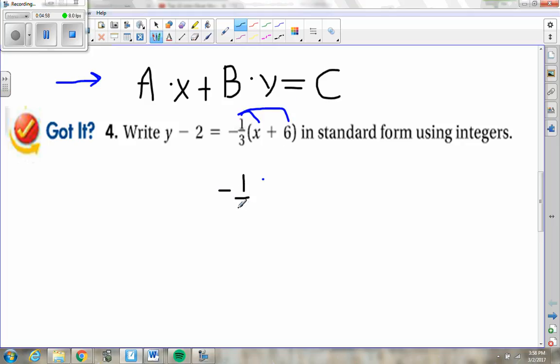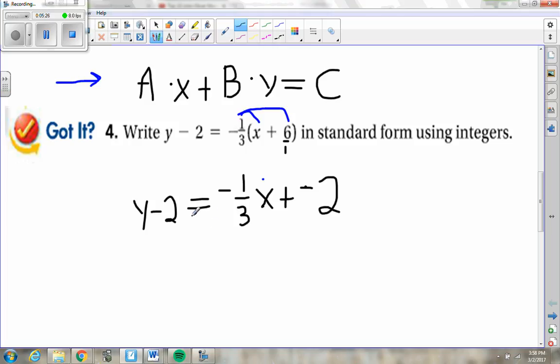So what it will now say is negative 1/3 times x plus negative 1/3 times 6, which is like multiplying by 6 over 1. It's going to be negative 6 over 3, and 6 over 3 is 2, so it's plus a negative 2. The other side still says y minus 2.